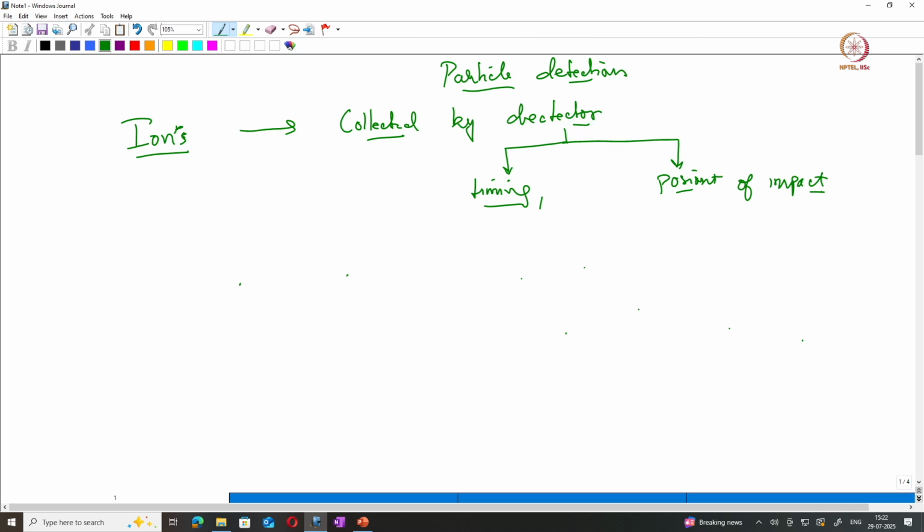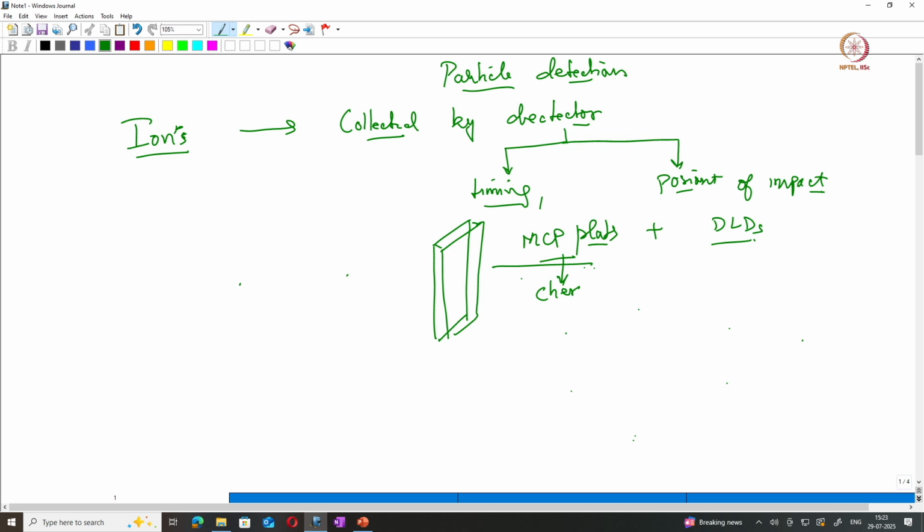Now, as I told you, this detector is composed of stacks of MCP plates plus delay line detectors, DLDs. And these MCP plates are in the chevron configuration.